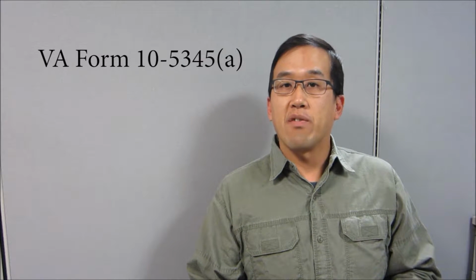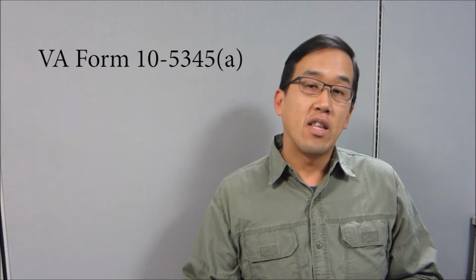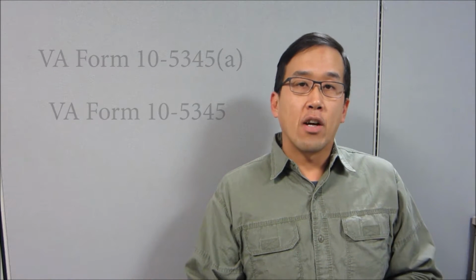So, all of that disclaimer stuff aside, the forms that you need in order to request medical records from the VA are basically one of 2 forms, so I'll go over them both. One of them is the VA Form 10-5345A, and the other one is the VA Form 10-5345, basically without the A. The difference between the 2 forms is this.